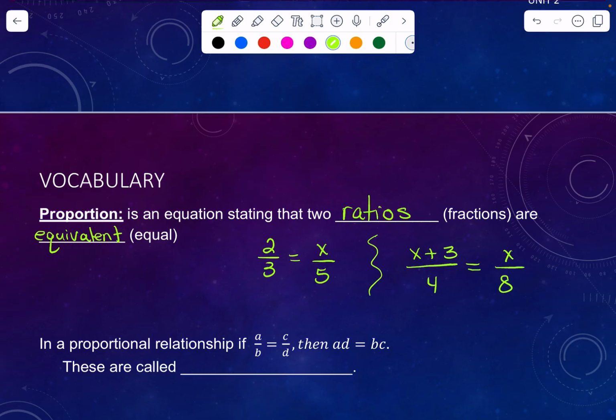In a proportional relationship, if A over B equals C over D, then AD is equal to BC. These are called cross products.